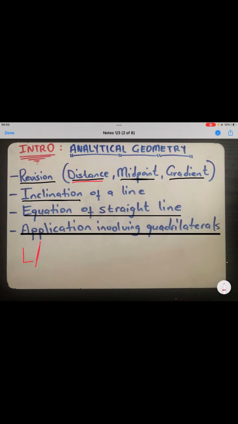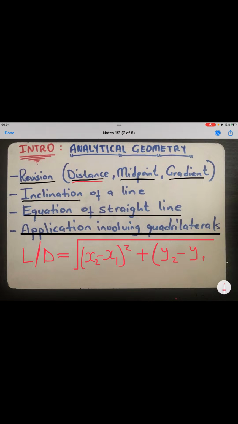Mathematically, it refers to one and the same thing. So the length or the distance is equal to the square root of (x2 minus x1) squared plus (y2 minus y1) squared.